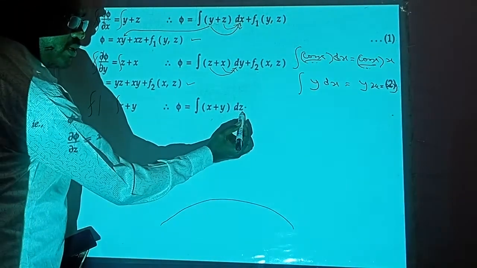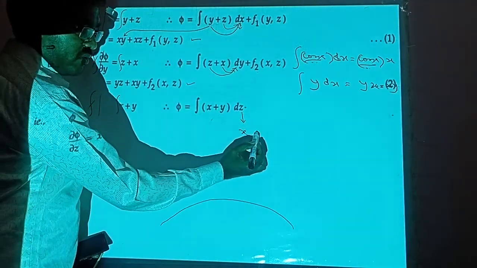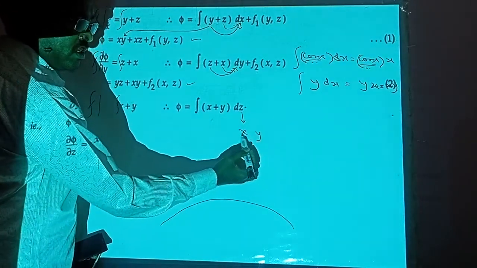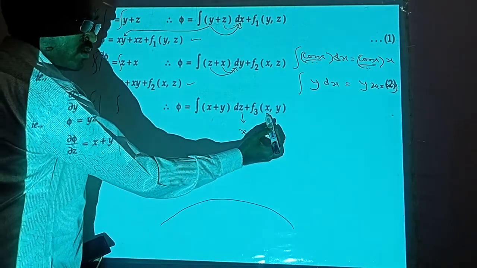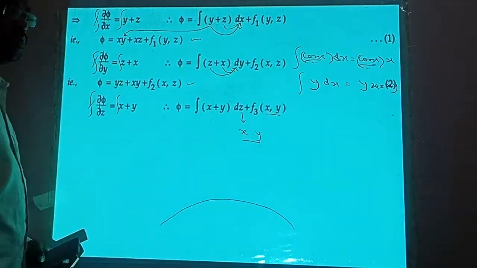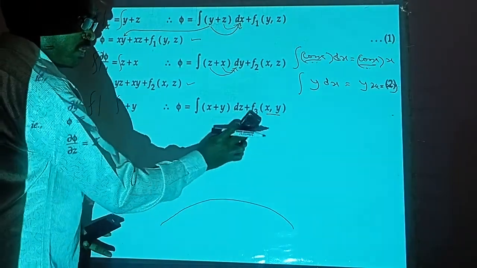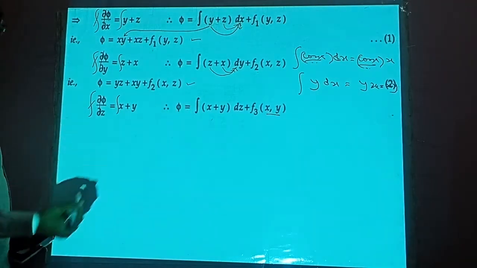Since we are integrating with respect to z, what are your constants? x and y. So your constant will be taken as a function of x comma y. After f2 we will take f3 of x comma y. So your constant is in terms of x and y. Let us integrate this.